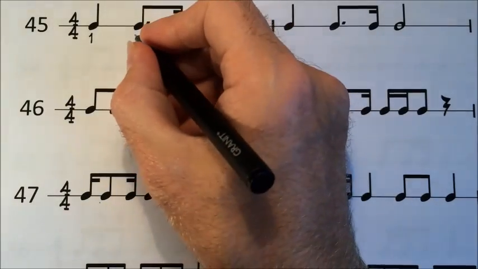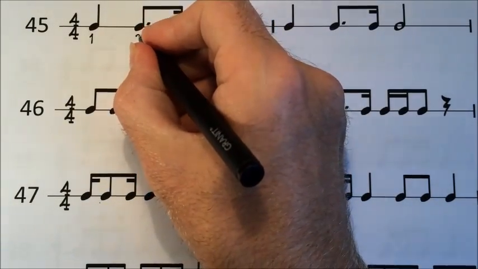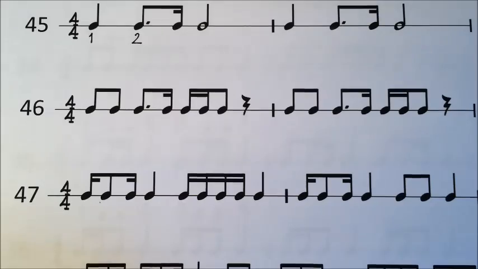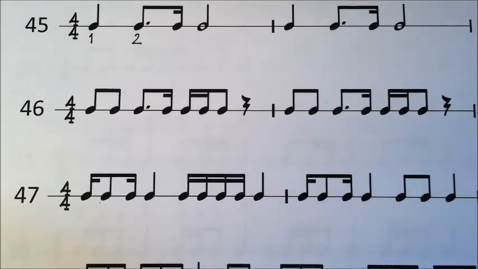Next thing then starts on the 2, and this is a dotted 8th note, so it means that it's as long as an 8th note and adding on, extending the length by half of itself, and half of an 8th note is a 16th note.